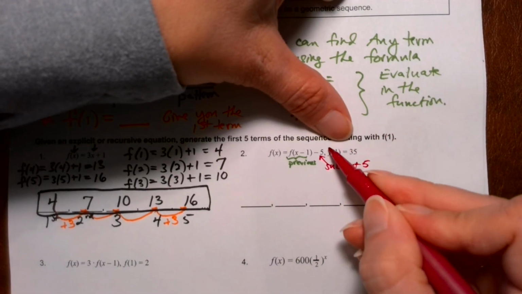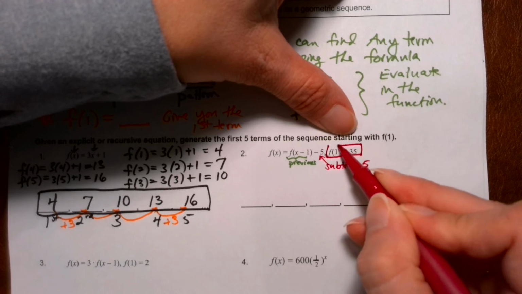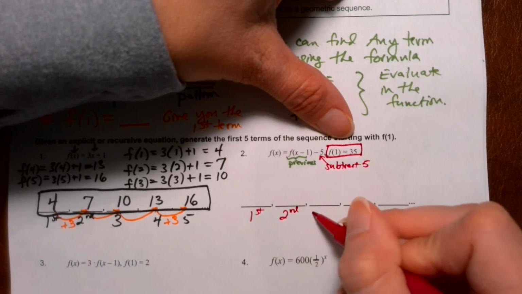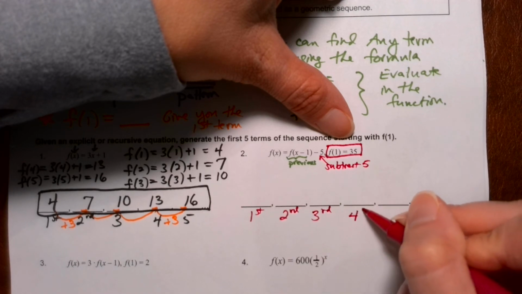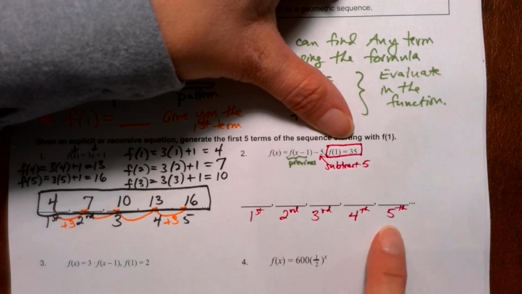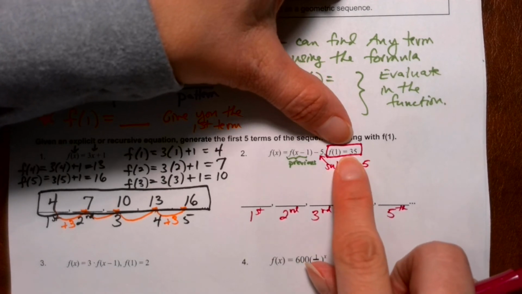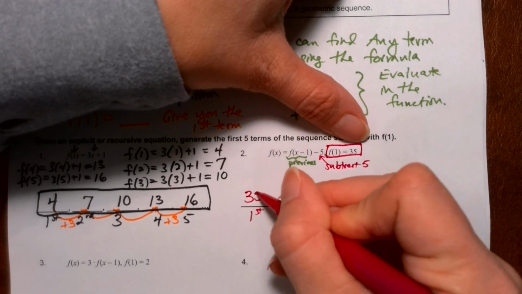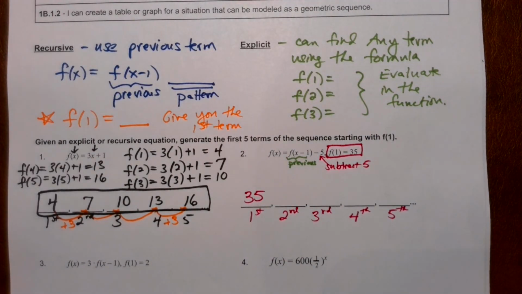Lucky for us, they told us the first term. Here's the first term, the second term, the third, the fourth, and the fifth. I like to write these underneath so I know those are my 5 terms. They told us f of 1. The first term is 35.